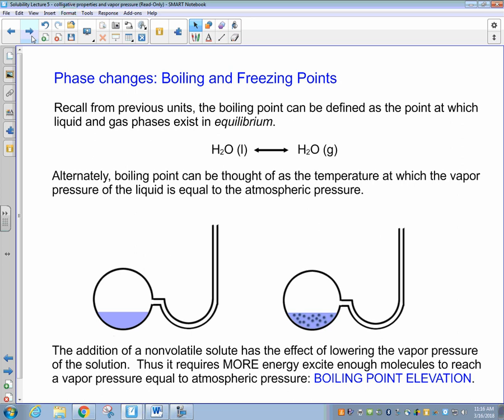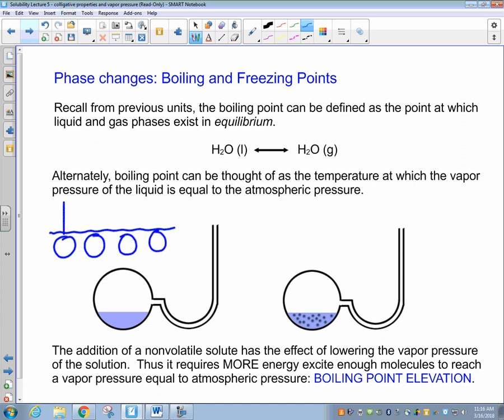Another way of looking at that is that if we have described boiling point as essentially the equilibrium point between those two phases, I want to look at boiling point from the perspective of vapor pressure. Because as we discussed before, we have those water molecules escaping into the gas phase due to their random molecular motion.